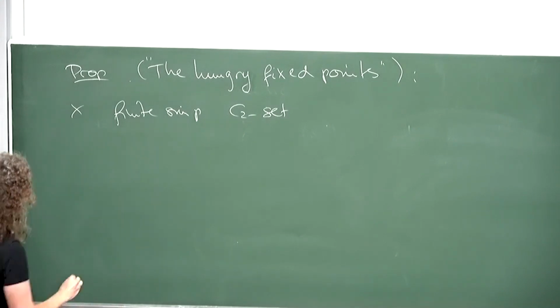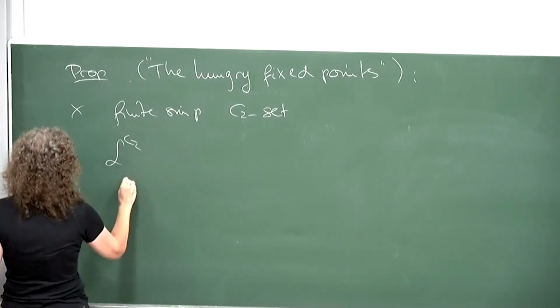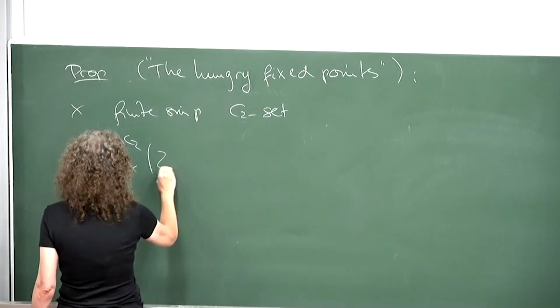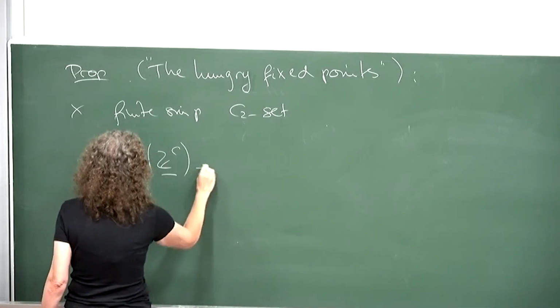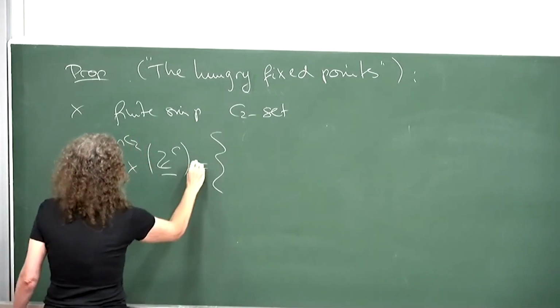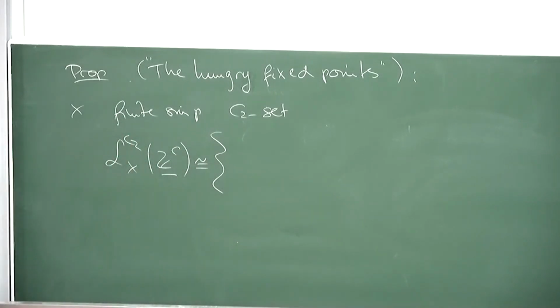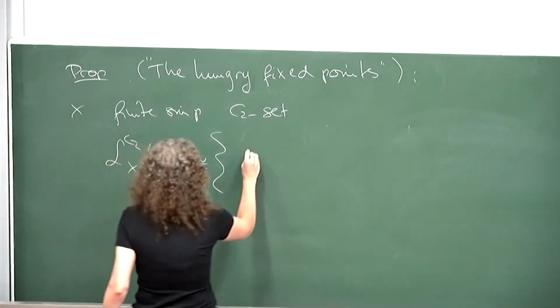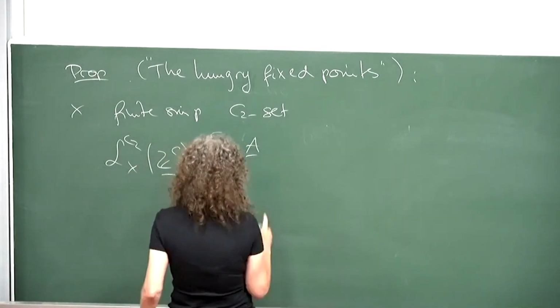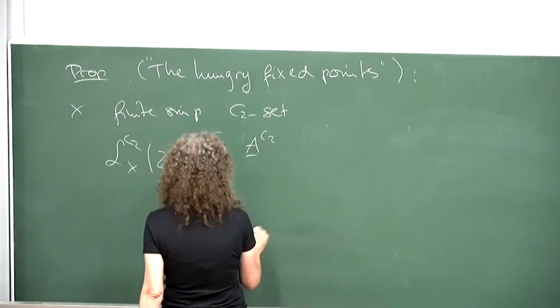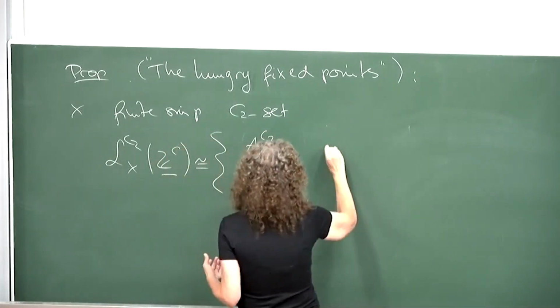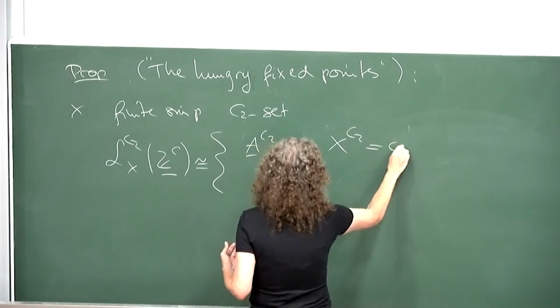And then what I get for the equivariant Loday construction only depends on whether I'm always free, then I get the Burnside ringy thing, so the fixed points are empty.